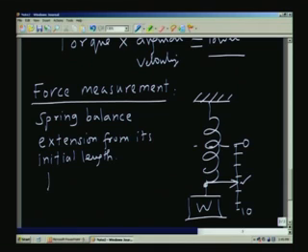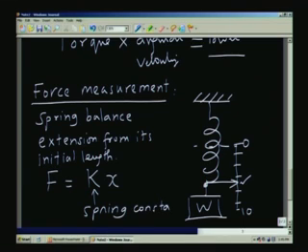Therefore, F is equal to K times X, where K is called the spring constant, and X is the displacement. And what I am measuring, in this particular case, is nothing but the weight of the object which is put in the pan. This is the pan here.